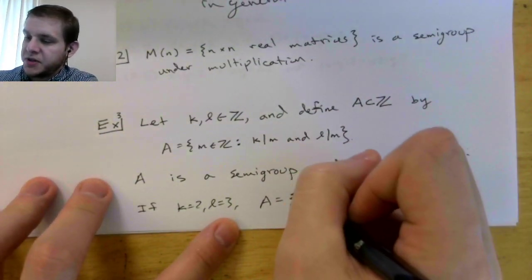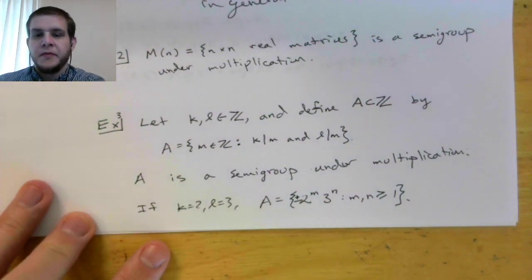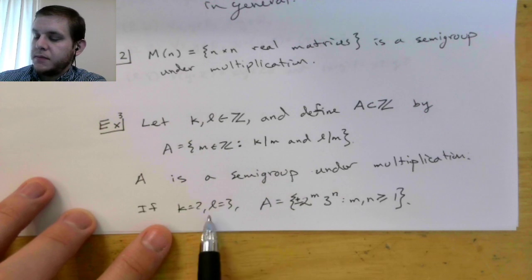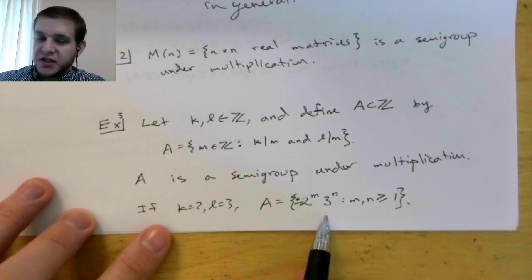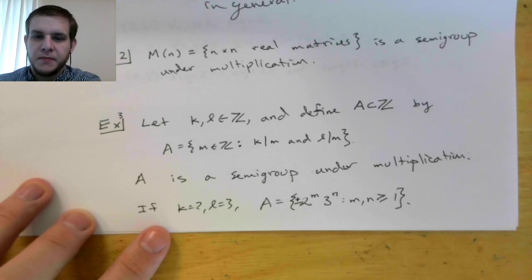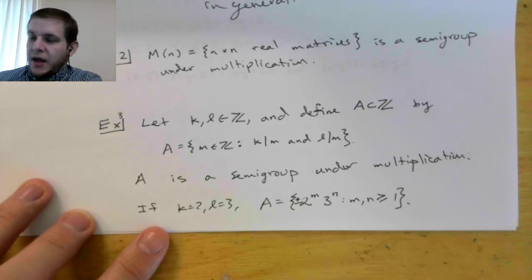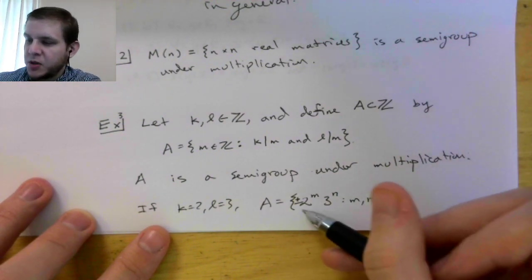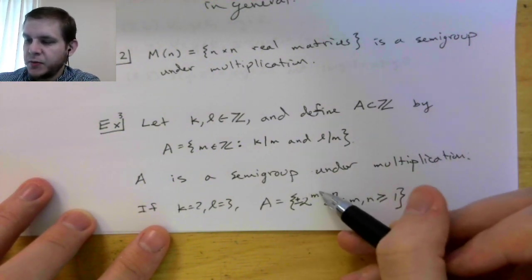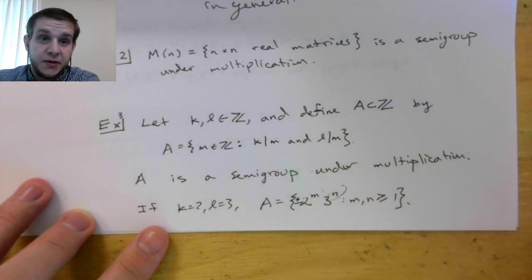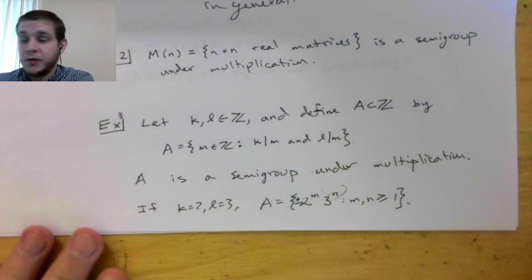And I guess it should be plus or minus. So this is a set of all common multiples of 2 and 3. And it is a semigroup. Because if I multiply two of these things together using the exponent rules, the exponents here add, and they'll still be at least 1. If I add two things that are at least 1, they're still at least 1.